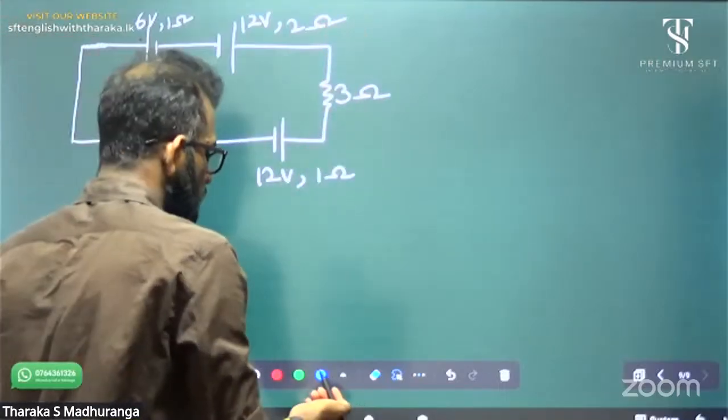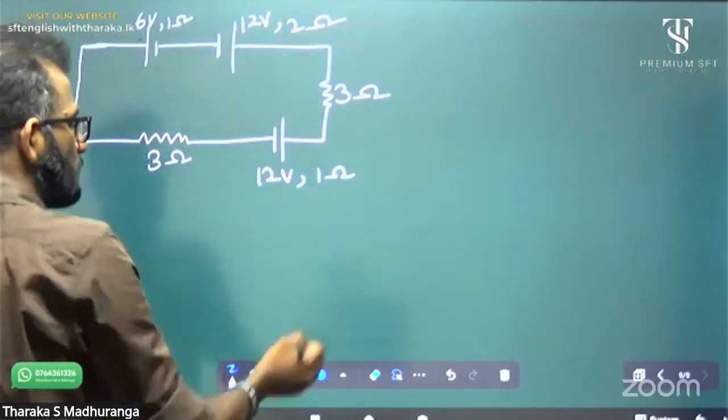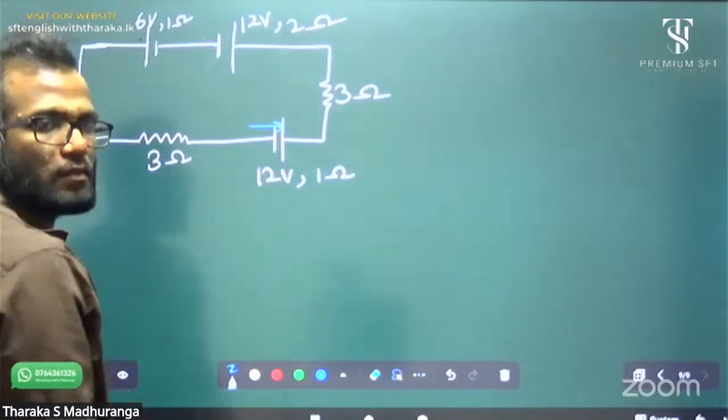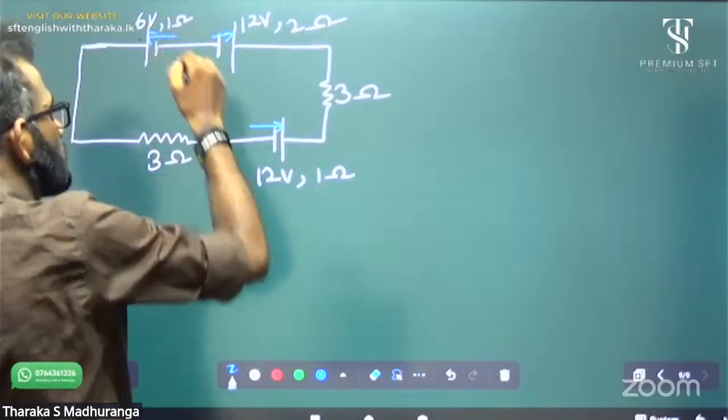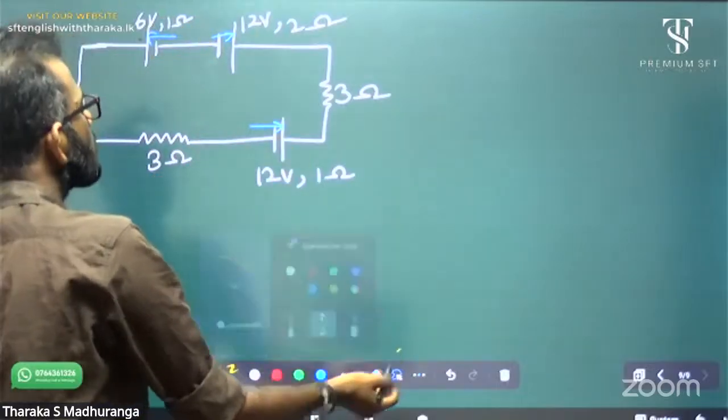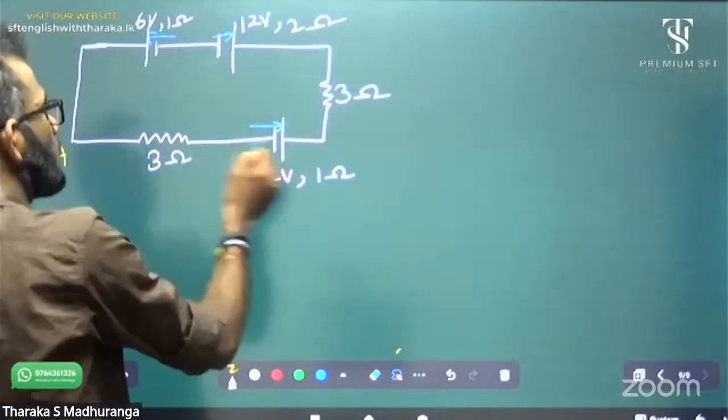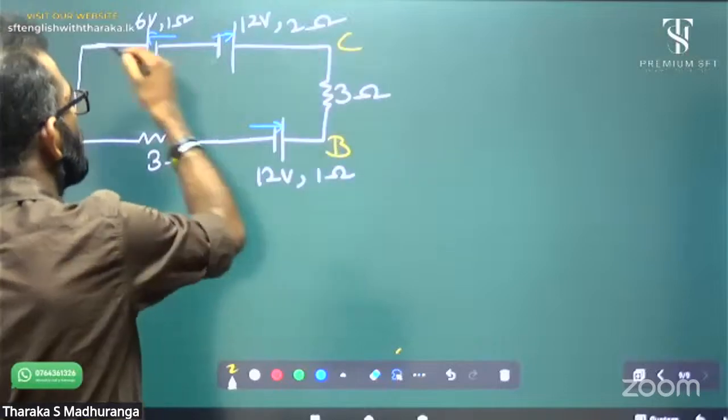Okay, that's all. You can add EM force directions first, then label A, B, C, D, or any letters.